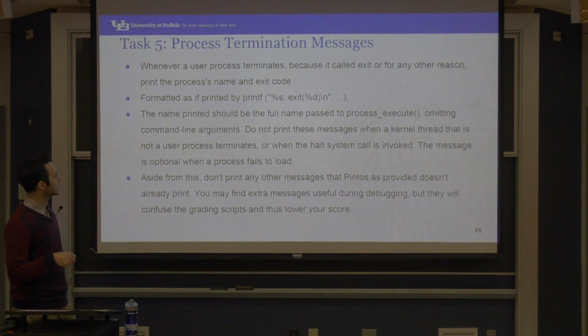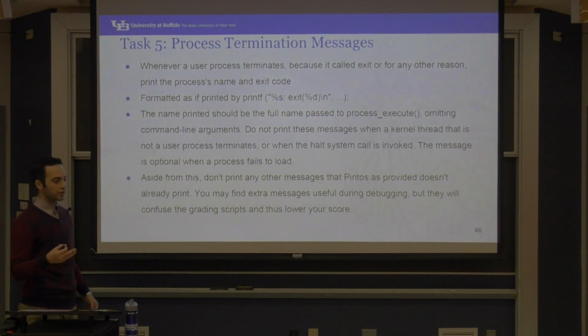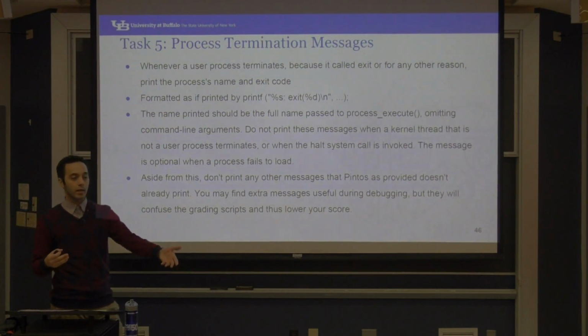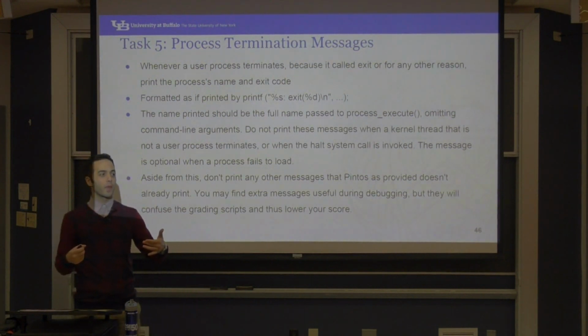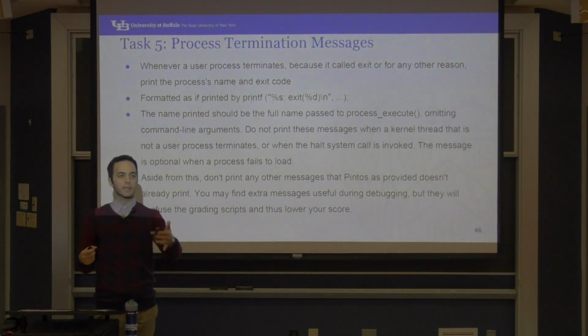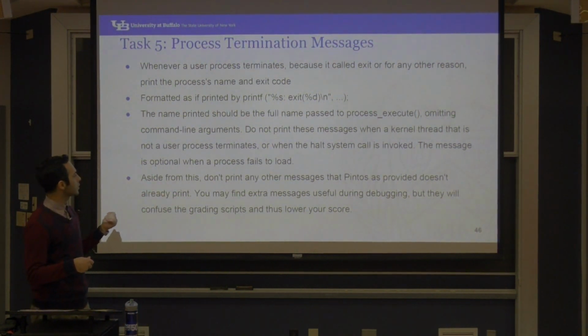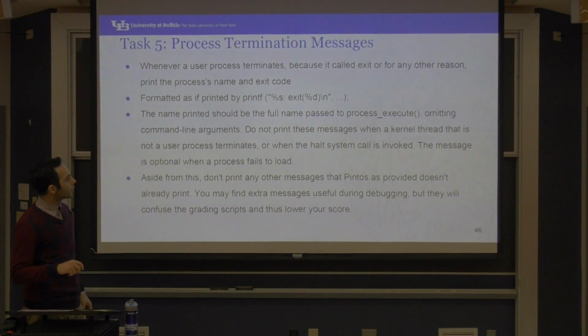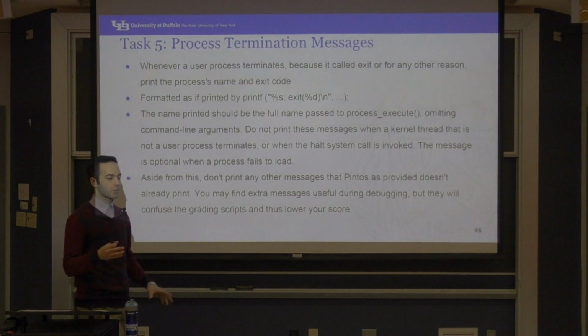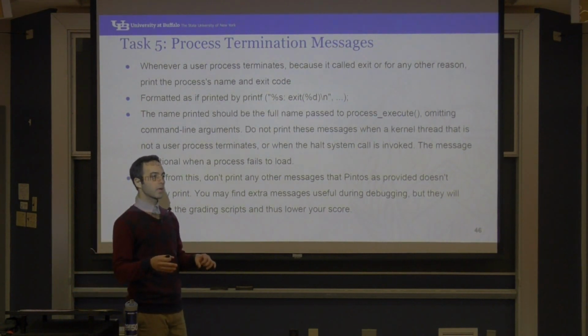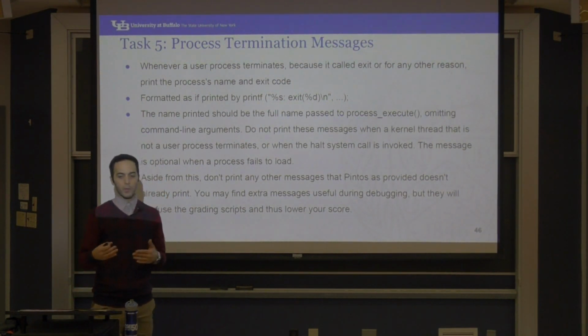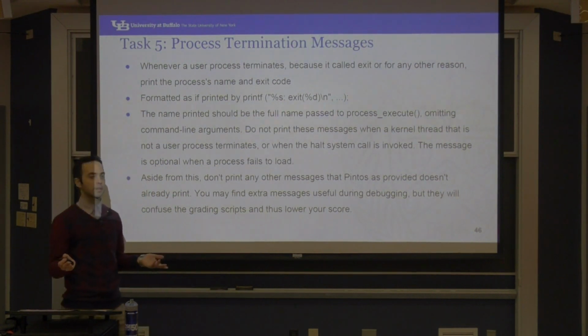And you don't have to print this if a kernel thread that is not a user process terminates. So if a kernel thread creates a kernel thread, that's not a user process, right? Then if that thread is just exiting, you don't have to. I think it says it's optional. Or when the halt system call is invoked, you don't have to, because that process is not technically exiting, but they are asking the operating system to halt the system.